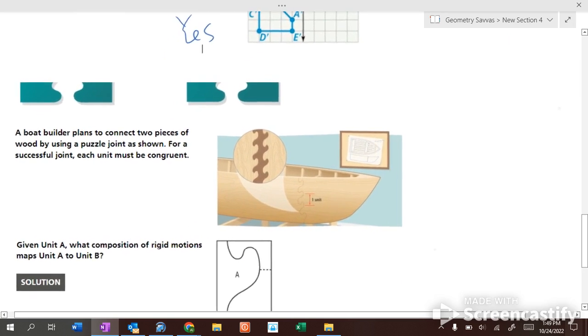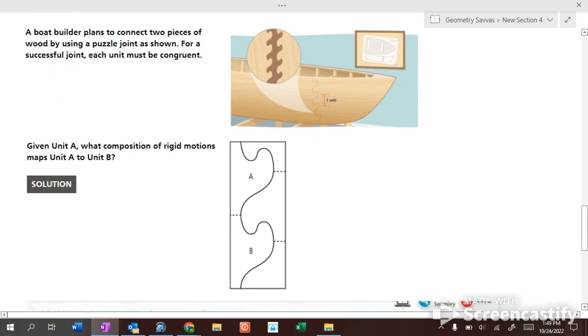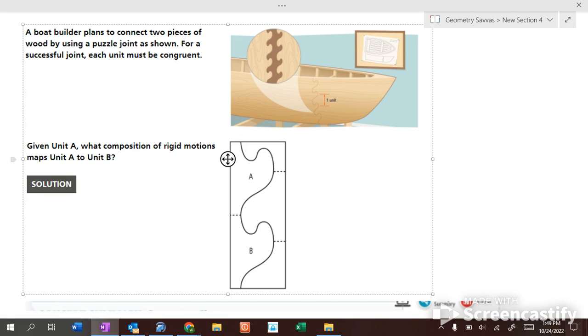Now, a bolt builder plans to connect two pieces of wood by using the puzzle joint as shown. For a successful joint, each unit must be congruent. Given unit A, what's the composition of rigid motions to map unit A to unit B? What maps this down to this?